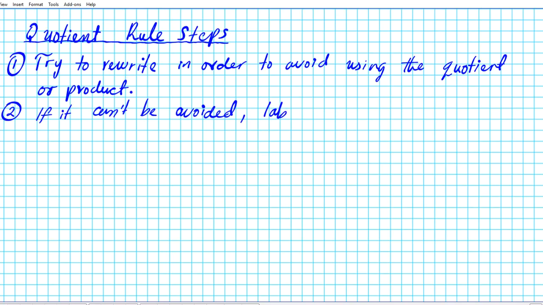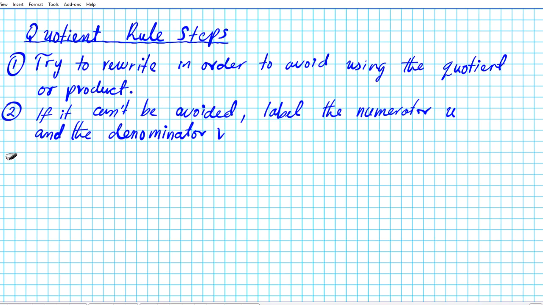Label the numerator u and the denominator v. This is very important. Remember, the numerator is u and the denominator is v.